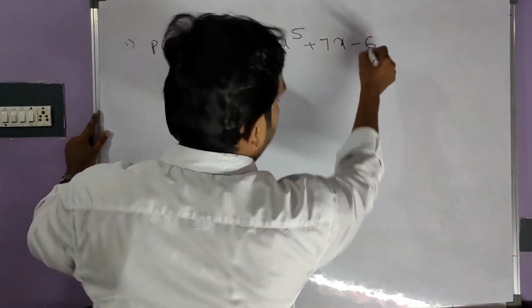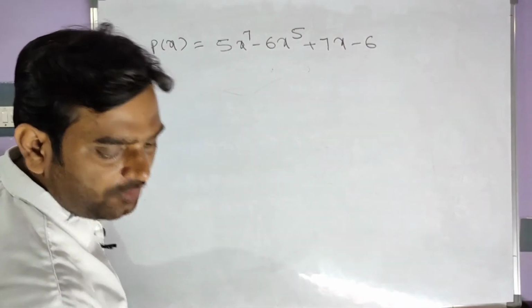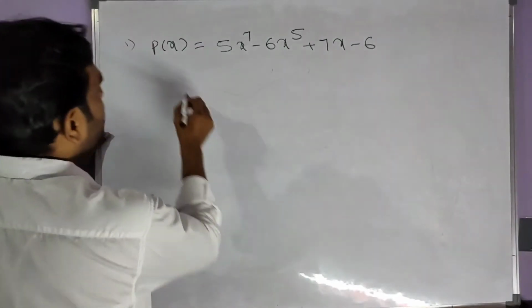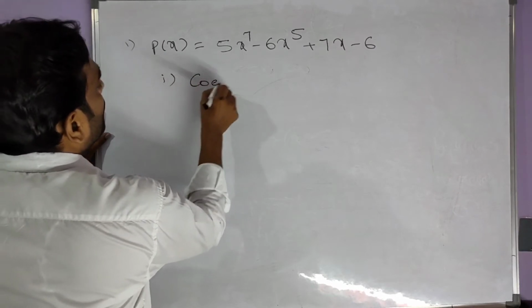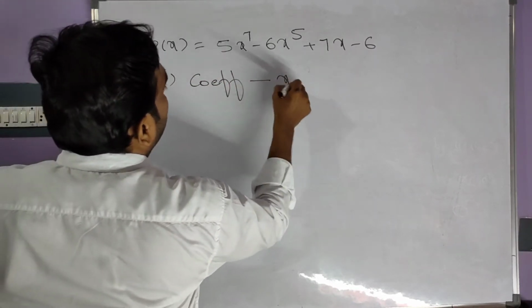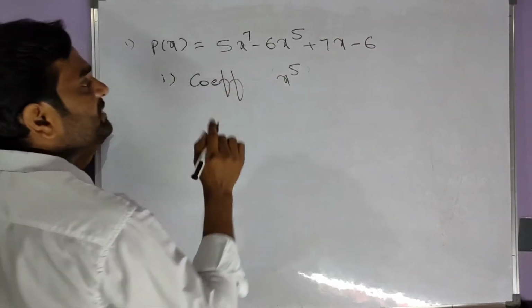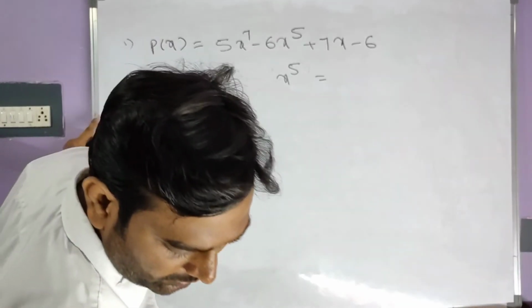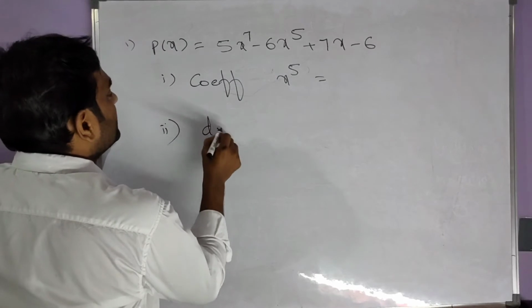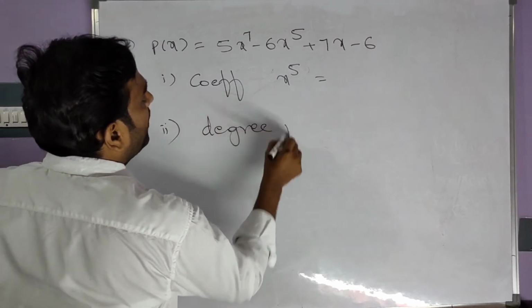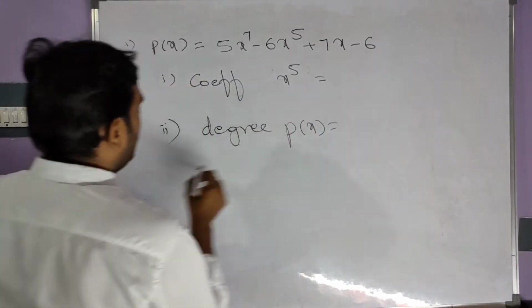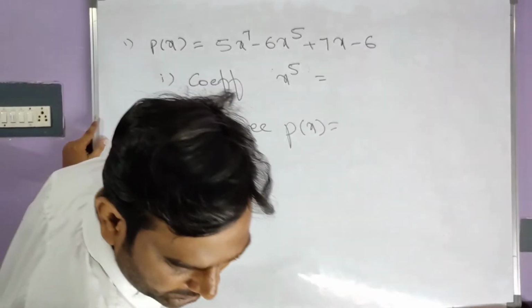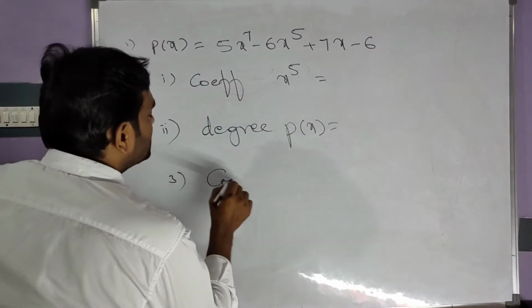Here the questions are: first question, the coefficient of x power 5. What is the coefficient of x power 5? And the second question, degree of p of x, the degree of the given polynomial. And the third question, constant term. What is the constant term?